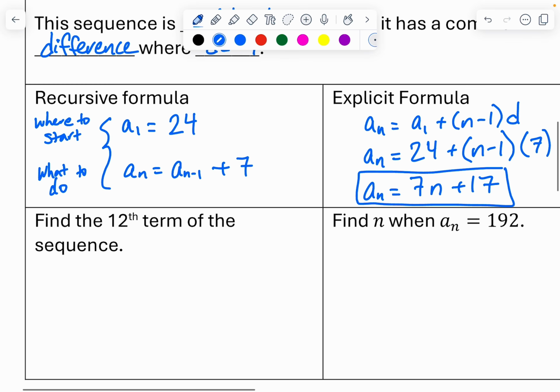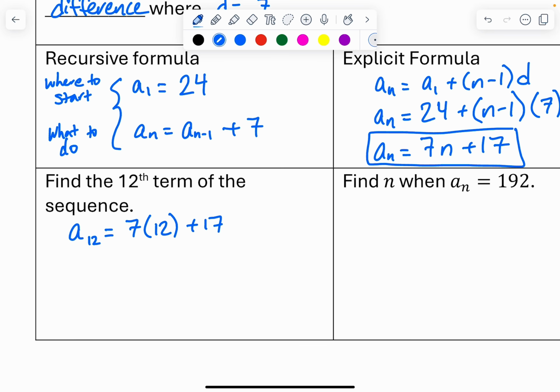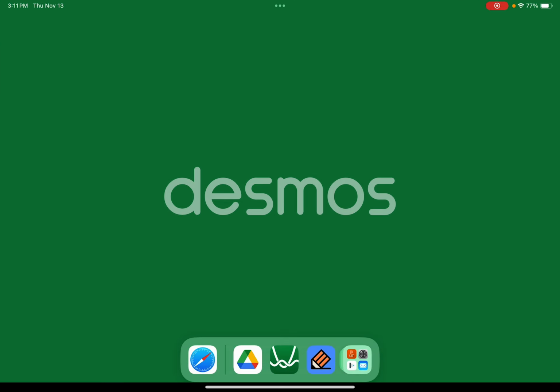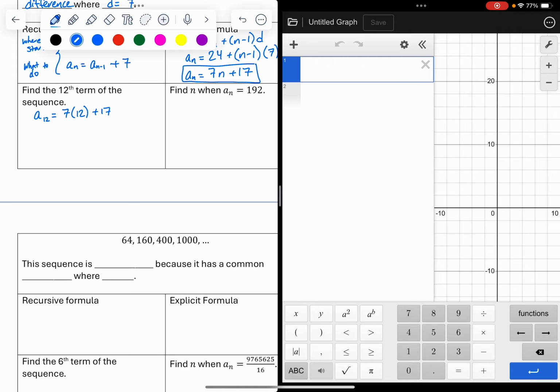Now it says find the 12th term of the sequence. So what I need to do is A sub 12, and I'm going to plug in a 12. Let's see if I can split my screen nicely for Desmos. There we go.